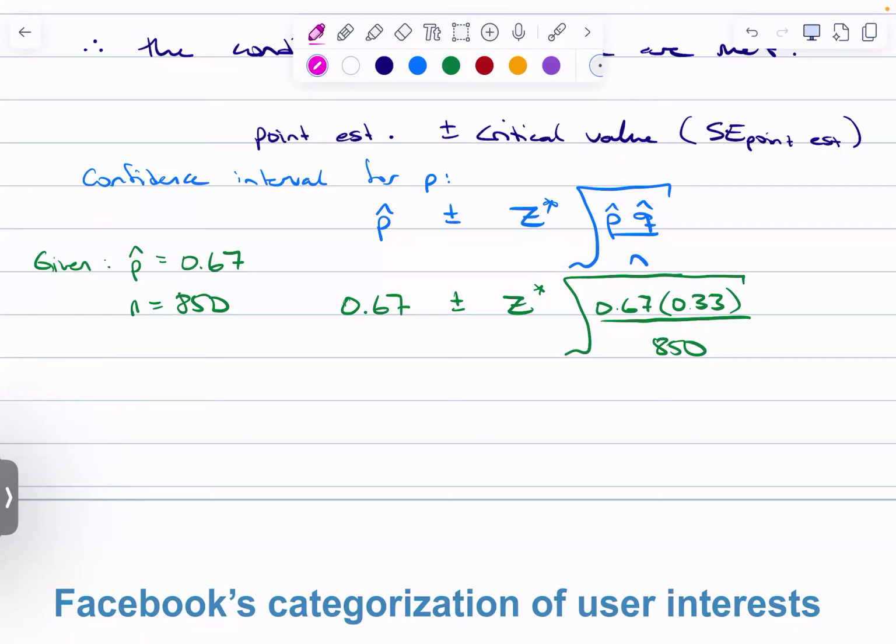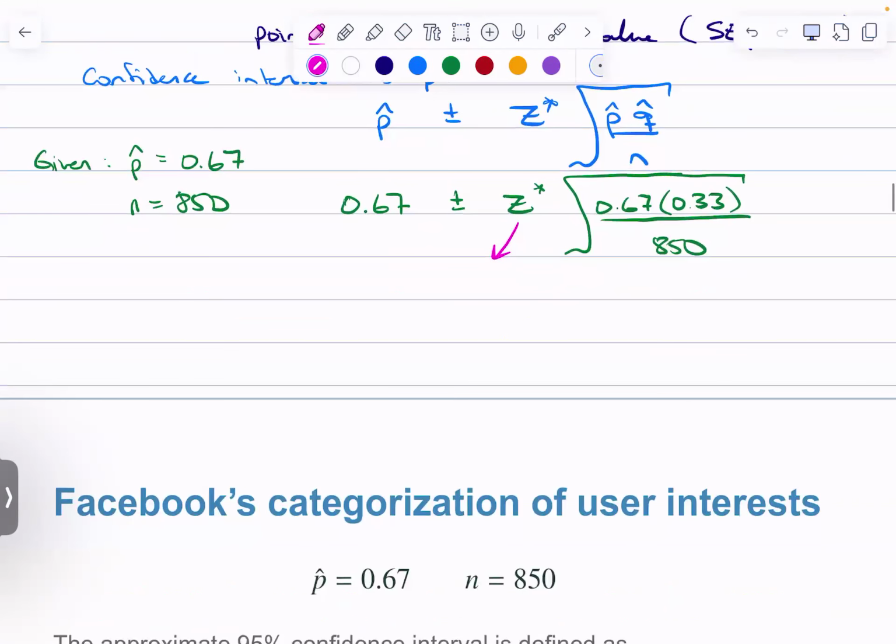Now we need this Z star, this critical value. All we've said so far is this critical value determines the confidence level. And so here, Z star determines the confidence level of the confidence interval.